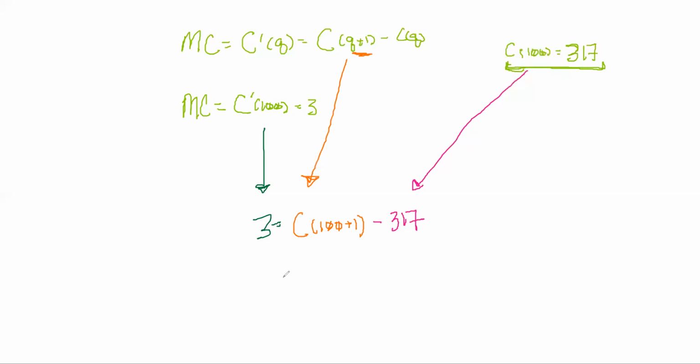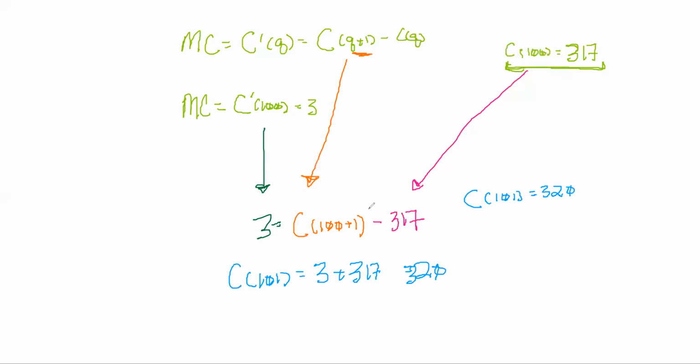Yep. Okay. So then I'm just going to rearrange it because I'm trying to figure out what's going on here. I'm going to say C of 101 is equal to 3 plus 317, or 320. So the cost of producing 101 barrels is going to be equal to $320.